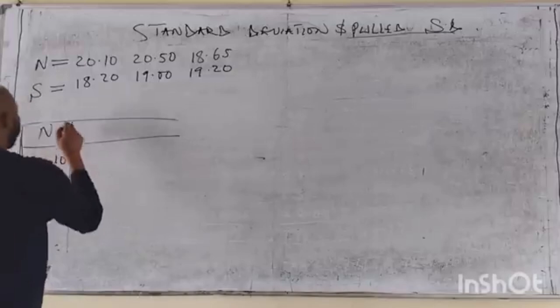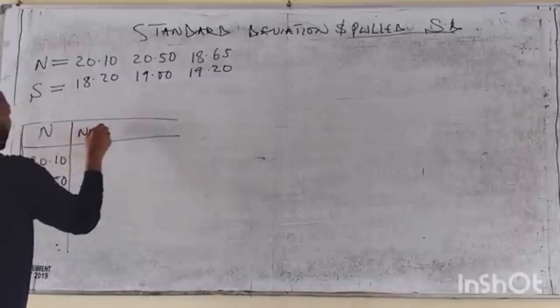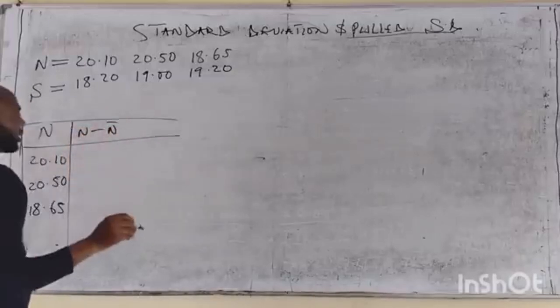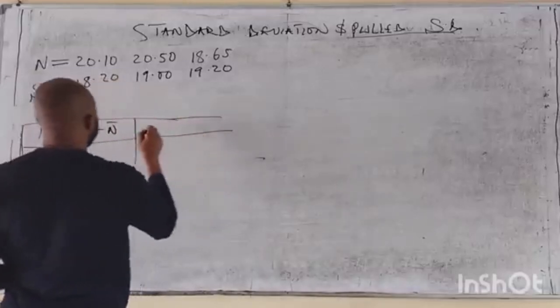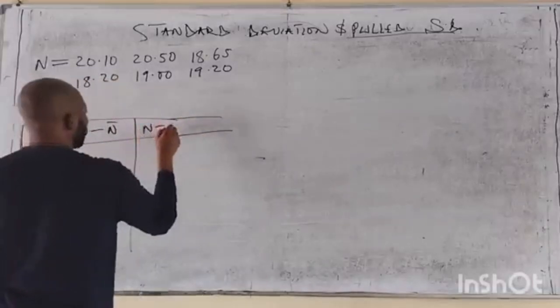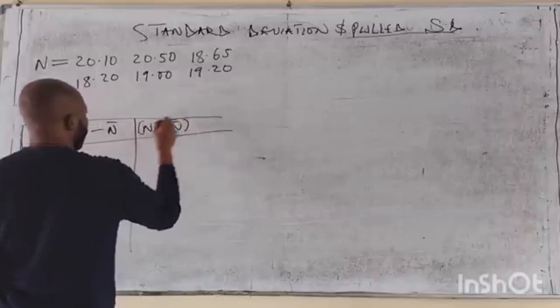We'll have n minus n bar, which is the mean, and we're also going to have n minus n bar squared.